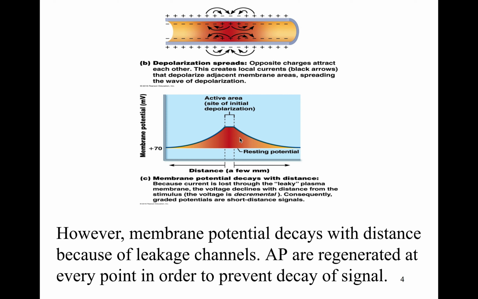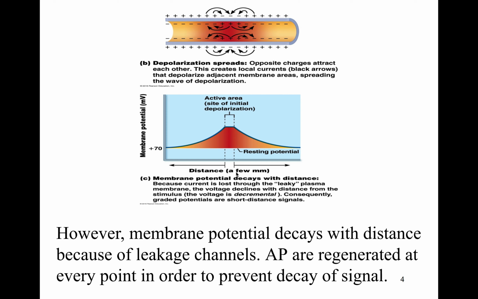In other words, because we're constantly losing and gaining ions, that's going to ultimately cause that depolarization to decay and go back to resting membrane potential. So this wave of depolarization can really only go so far, because eventually that change in membrane potential is going to be lost. We're going to go back to that resting membrane potential of about -70.